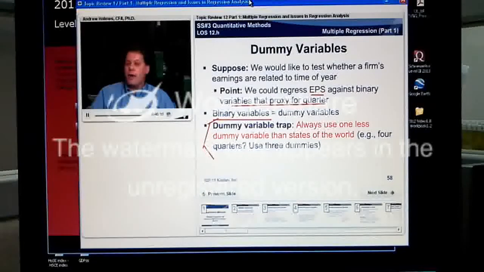Anyway, the dummy variable trap is you always use one less dummy variable than there are states of the world. So if there's 2 states of the world, filed for bankruptcy, haven't filed for bankruptcy, you only need one dummy variable. You'll turn it on if they're in bankruptcy, and it'll be 0 otherwise. The one that you're not proxying is called the suppressed variable.